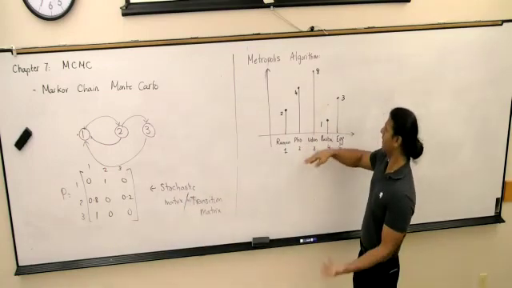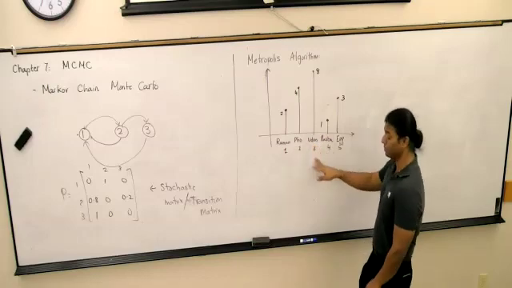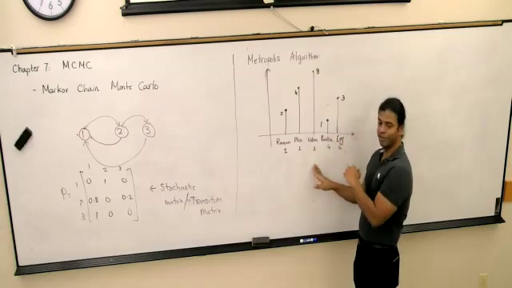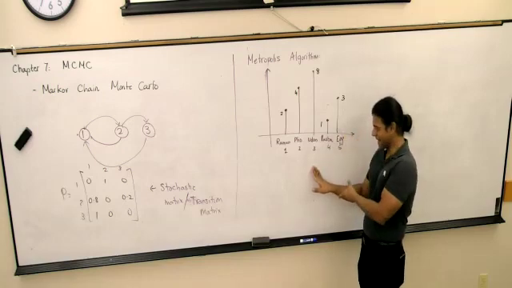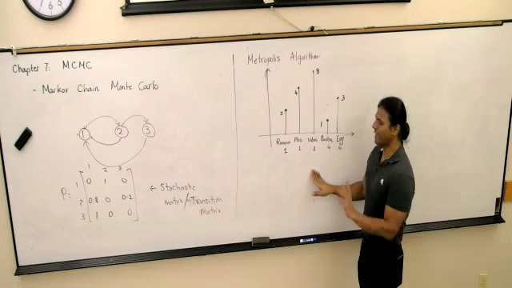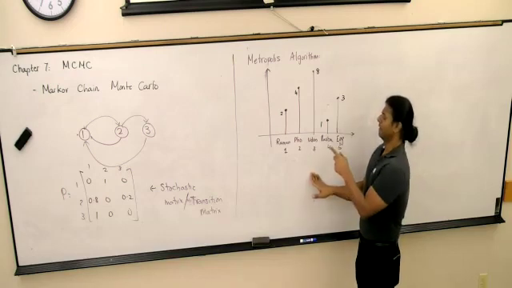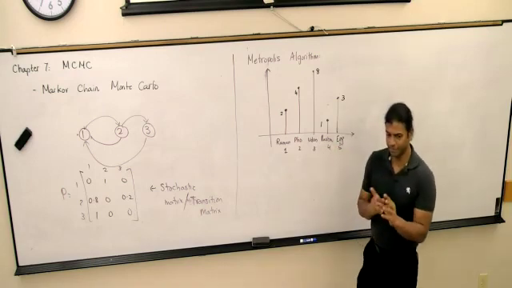Once I decide where to go, let's say I went over to udon, I have a choice of either going to pho or going to pasta, or staying at udon, correct? So how do we decide? Well, if you are at udon, where are you more likely to go?